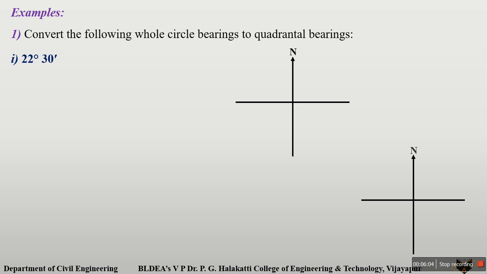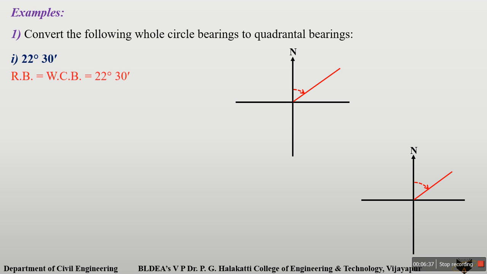Just observe here, these are the two compasses with respect to WCB as well as quadrantal bearing. Suppose it is 22 degree 30 minutes, it lies in the first quadrant in the whole circle bearing. Similarly, in the quadrantal bearing also, the 22 degree 30 minutes is present in the first quadrant. In the first quadrant, both whole circle bearing and quadrantal bearing are measured from the north direction towards the east side.